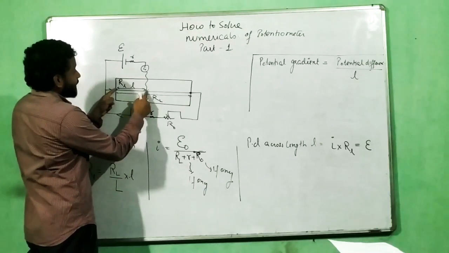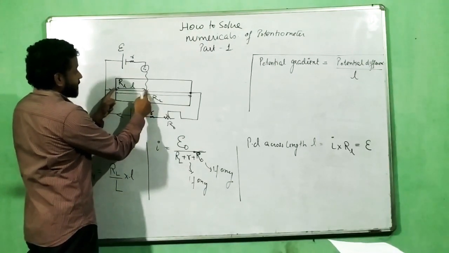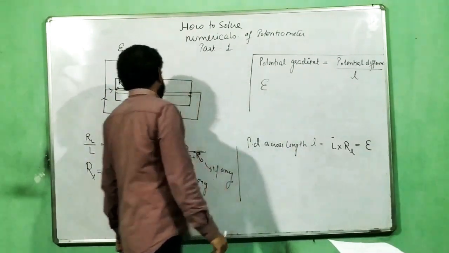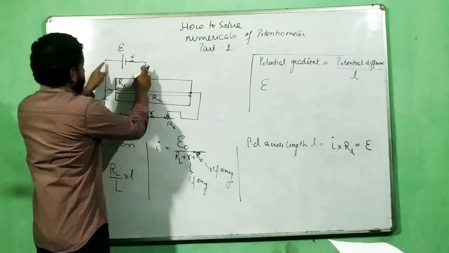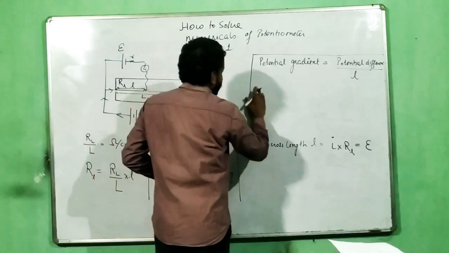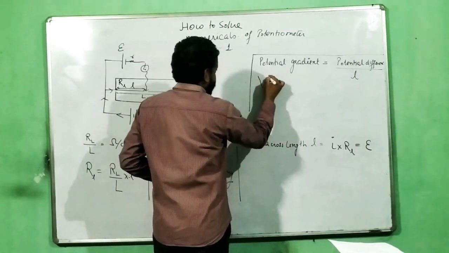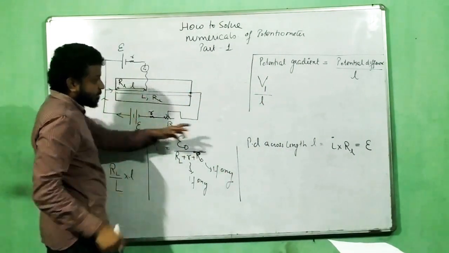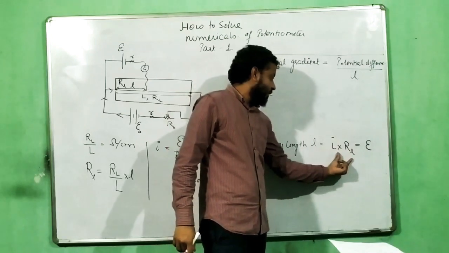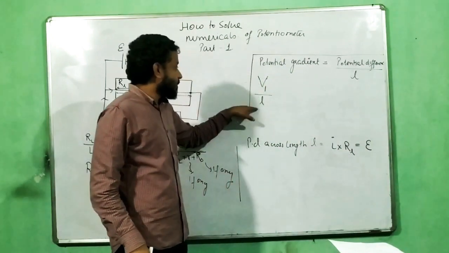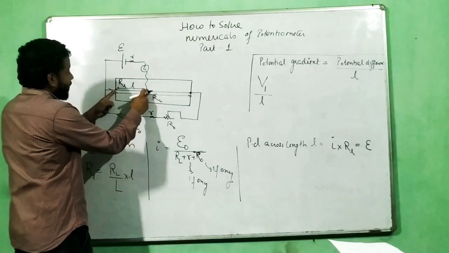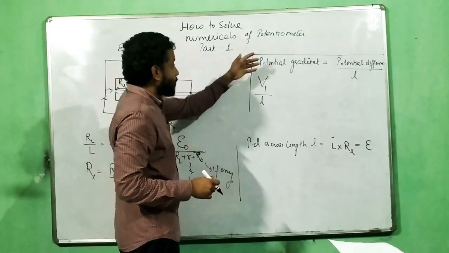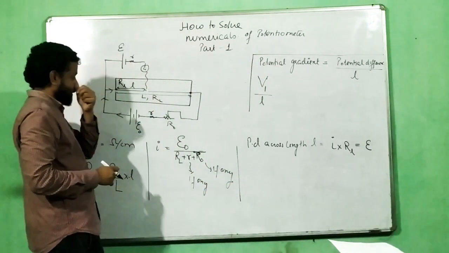Suppose I know the potential difference across this, that is equal to EMF E or V1, let us say V1, divided by length L. Remember we found V1 was I times RL for that length L. So V1 by L is the potential gradient of this much length.